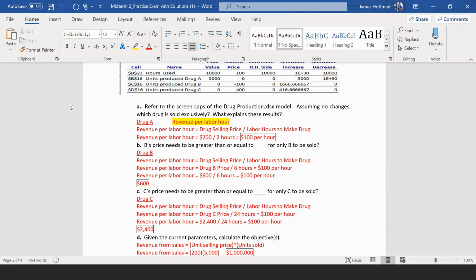And we know that the revenue per labor hour for drug B has to come up to 100. Otherwise, it wouldn't be comparable and it wouldn't be sold. So let's plug in the hours. We're trying to figure out the price divided by the hours to come out to 100. And so it's the drug B price divided by how many hours it takes to make it.